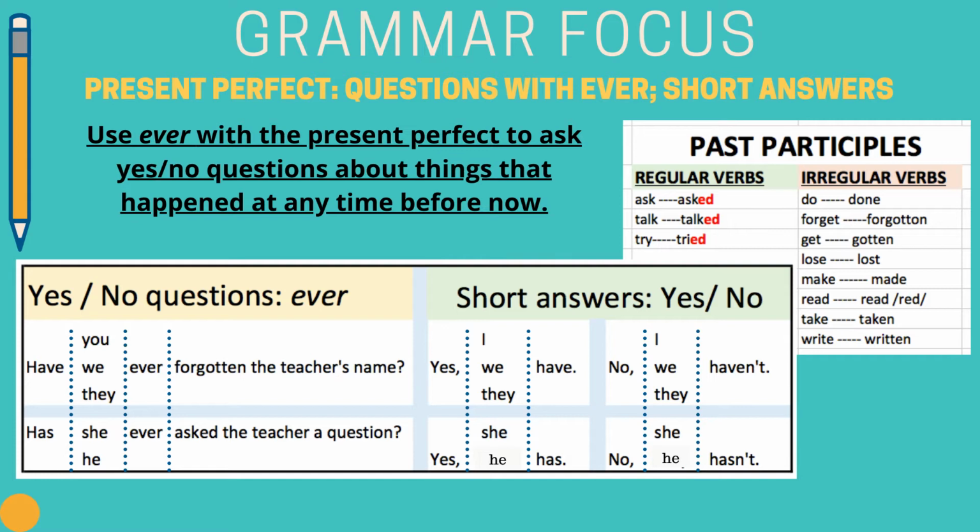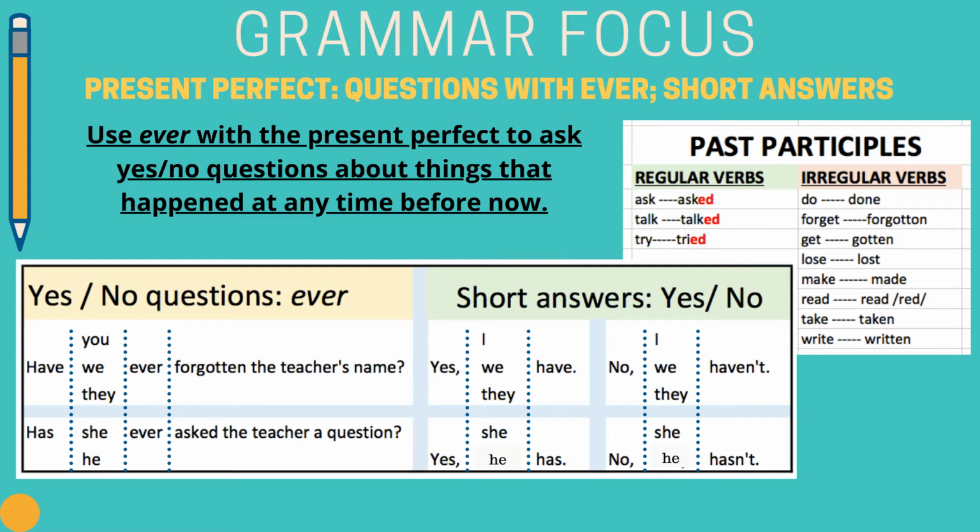Talk, add ed, becomes talked. And then we have the word try. In the past tense, we do add an ed, making it tried, but look what happens to the y. We drop that y and we change it for an i. So instead of try, we have tri, and then the ed.